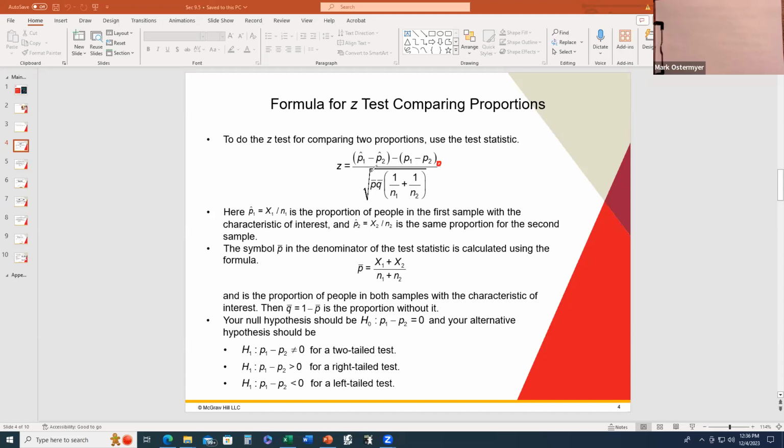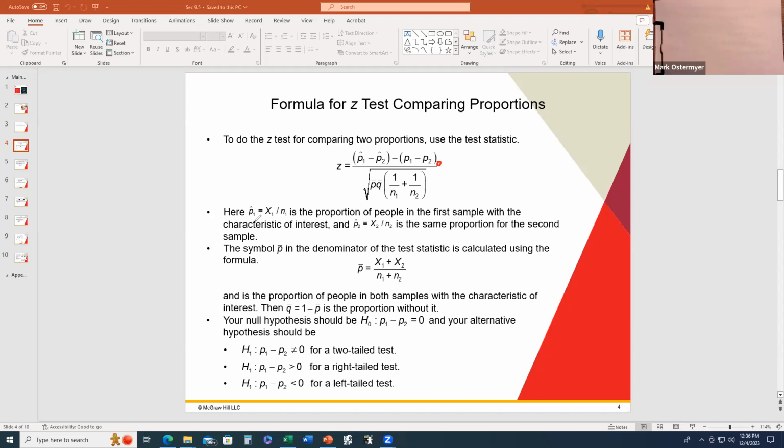By the central limit theorem, the differences of all those sample proportions, and there could be thousands and thousands of them, would be approximately normally distributed. And this would be the standard deviation of that sampling distribution. It's the square root of p bar times q bar, where q bar is equal to 1 minus p bar, divided by the sum of the reciprocals of the sample sizes.